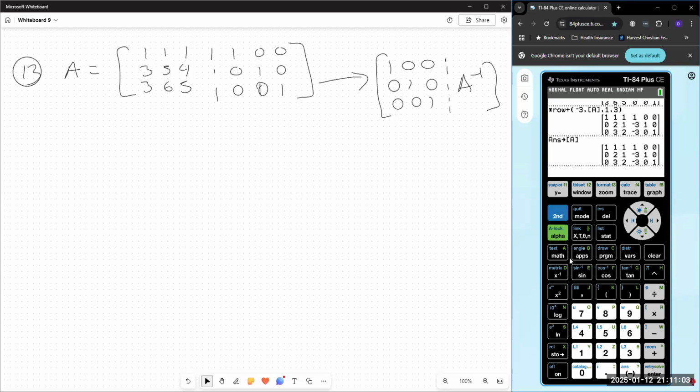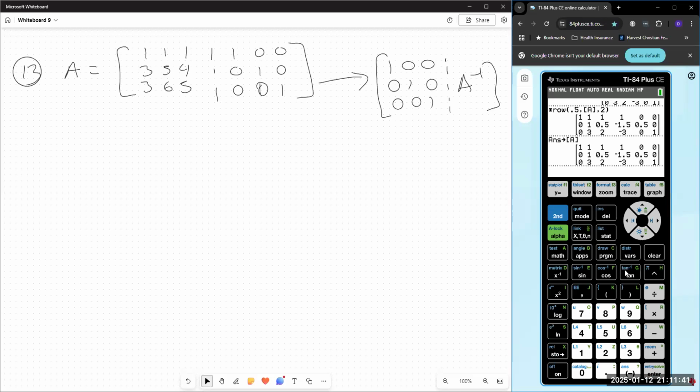So second matrix math, and then multiply a row here. So I want my multiplier of 1/2, and this is in matrix A. And I want to do this to row 2. So let's store that as matrix A.